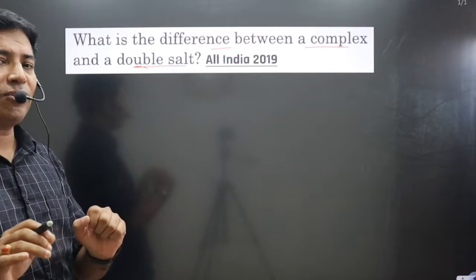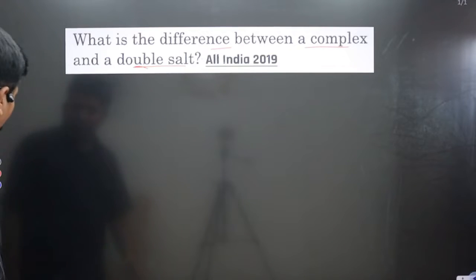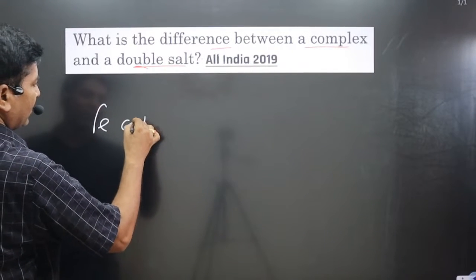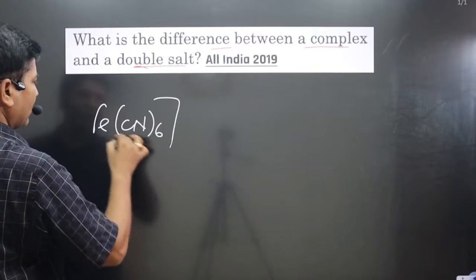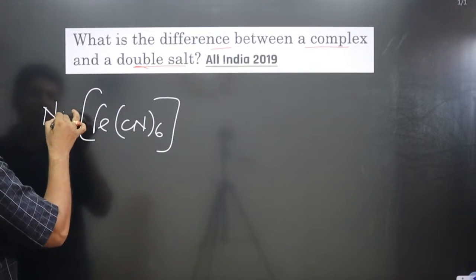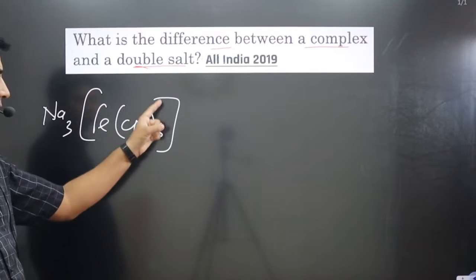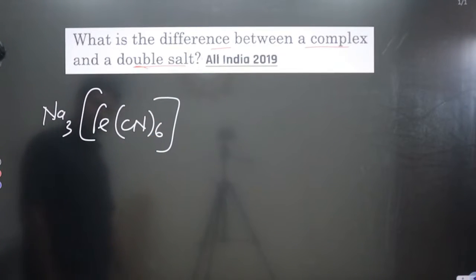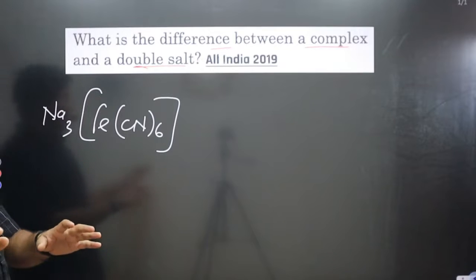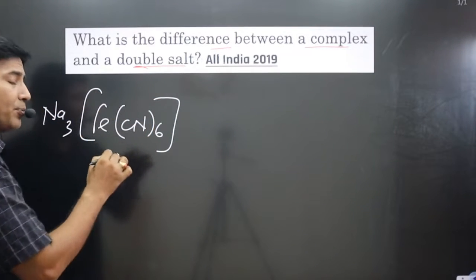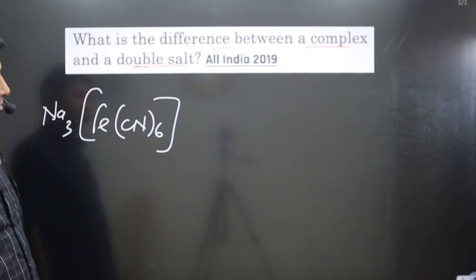We can understand this part by taking one example. For example, let's say we have Na3[Fe(CN)6]. This is a complex compound because we have a coordination sphere. Always keep in mind, any species present inside this coordination sphere will never undergo dissociation.